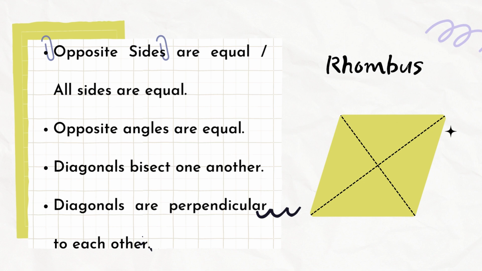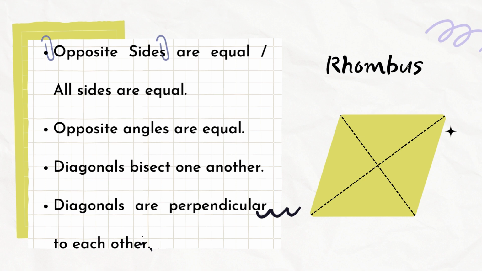Opposite angles are equal. Yes, again like a square, here it does not form a 90-degree angle everywhere, so you only have to say that opposite angles are equal. Diagonals bisect each other and diagonals are perpendicular to each other. Here it makes a difference. When I say diagonals bisect each other, that means the two lines divide each other into two equal parts.